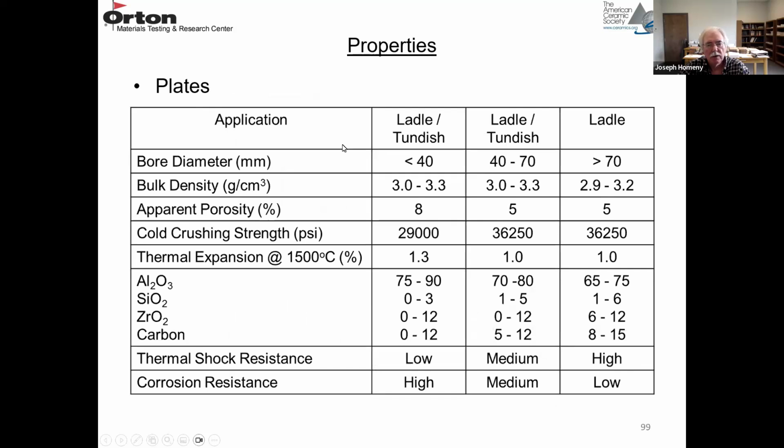So for the plates, these are ladles that might be, well, the plates might be used in either a ladle or a tundish. Here's a ladle tundish application, and here's just a ladle application. So they have a certain size hole. These are the hole sizes in millimeters.